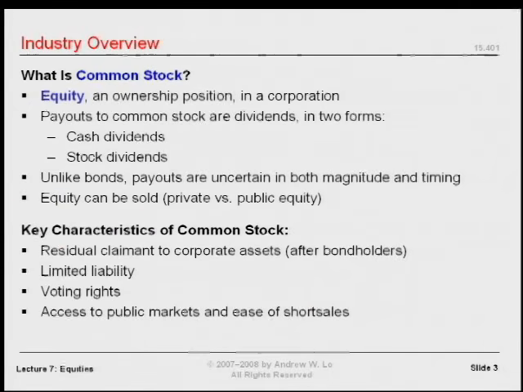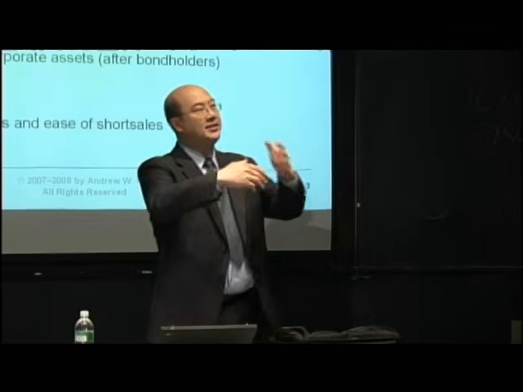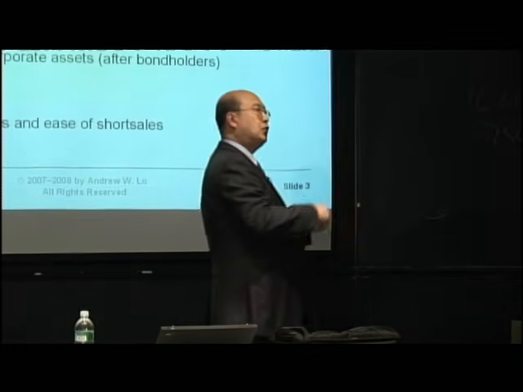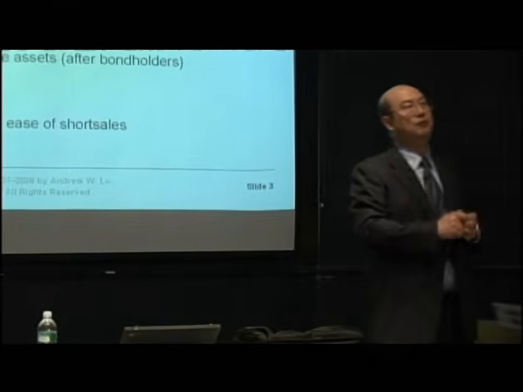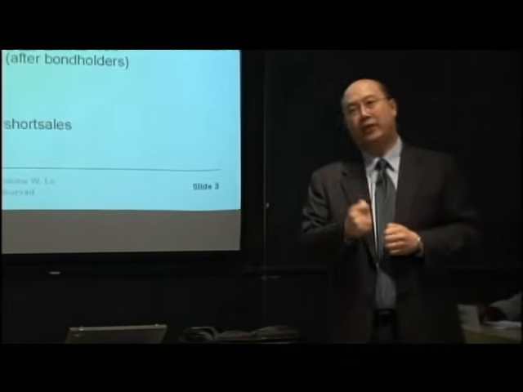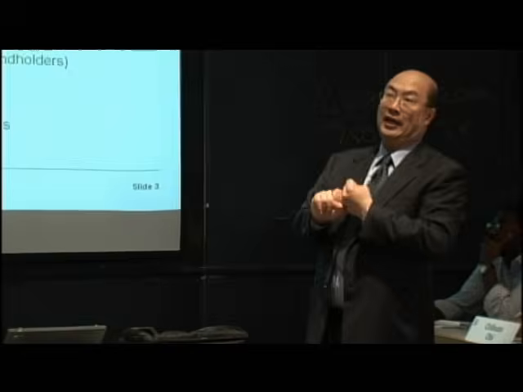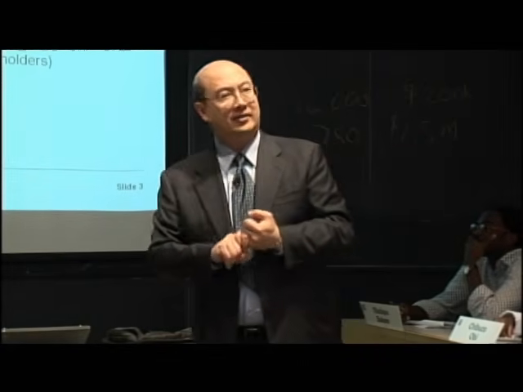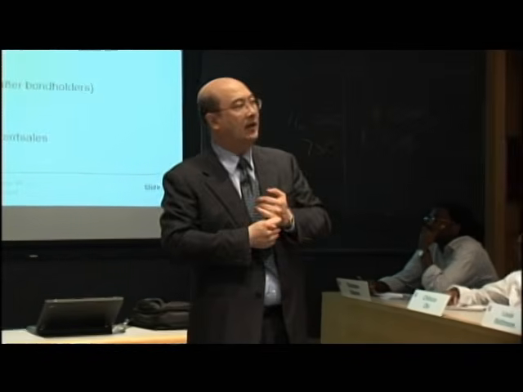Okay, so industry overview. What is equity? As I said, it's an ownership in a corporation. And typically, when you own a piece of a corporation, you're owning that sequence of cash flows. There are two components of possible cash flows for a piece of equity security. One is dividends, but of course we know that there are companies that don't pay dividends.